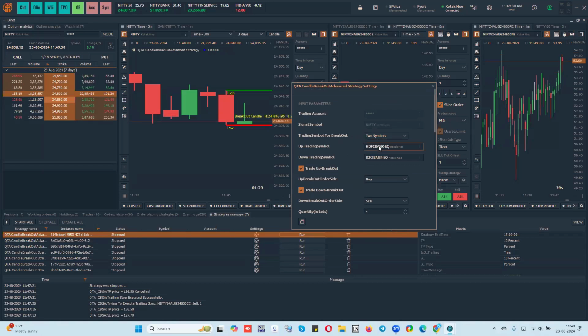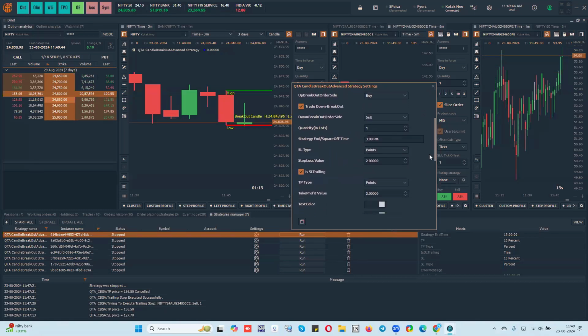So let me revise the strategy details. Two symbols: I'm selecting one symbol for up breakout, one symbol for down breakout, whichever direction I would like to take this particular trade. I select the quantity, time, and stop loss parameters. In this case, points, with 2 points stop loss. Trailing I have enabled.